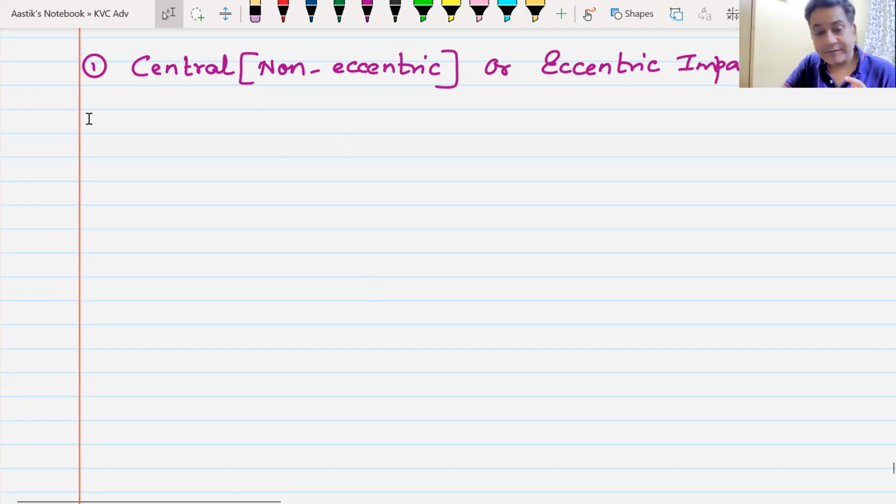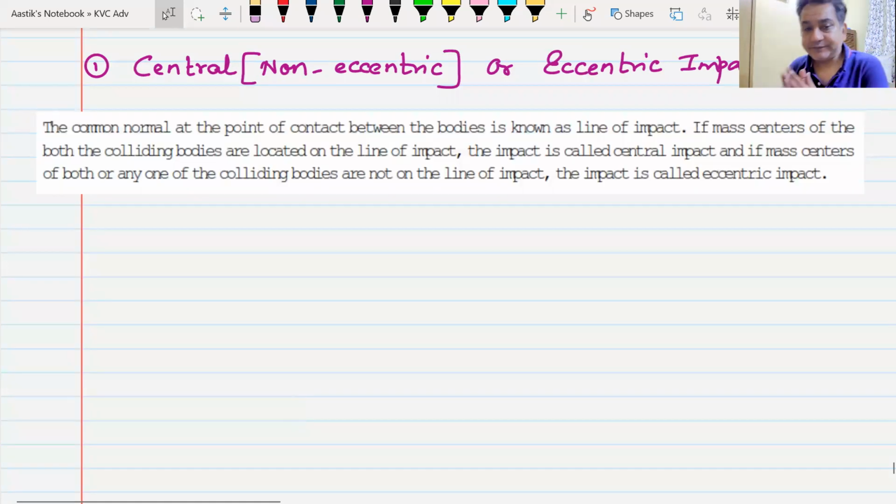Now, if your line of impact passes through the center of mass of both the bodies, then what will happen? They will not rotate. They will just have translational motion. Do we understand this? Yes, sir.